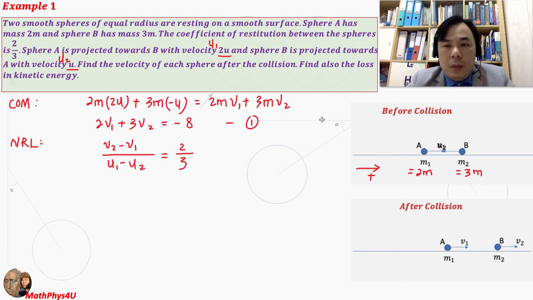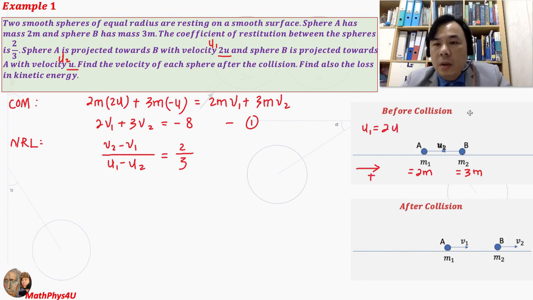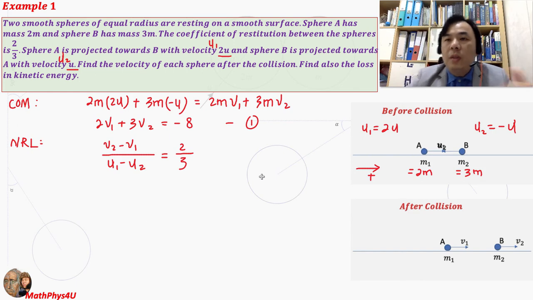Okay. Now bear in mind u1, I better write it down here. u1 is 2u, yes, correct. It's in the same direction as our reference, but for u2, the only thing you have to be very careful of is that u2 is negative u. It's moving in the opposite direction of our reference here.